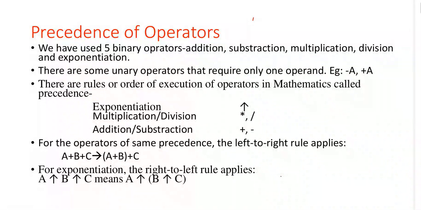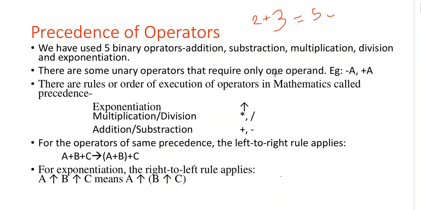If we have to add 2 plus 3, it will give 5. 2 and 3 are operands, and plus is a binary operator that takes 2 and 3 as input and gives 5 as output. Same for subtraction, multiplication, division, and exponentiation.